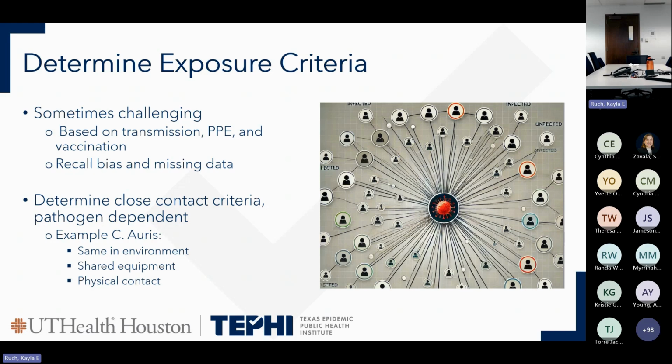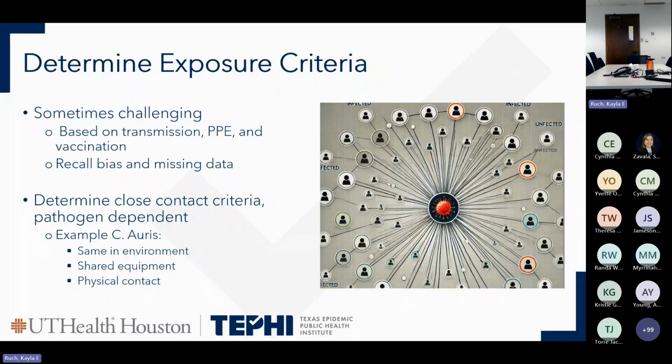So make sure that you're erring on the side of caution, and it's up to you to make the determination, with missing data and recall bias, of whether this patient or individual needs to be tested, or whether the risk is minimal or very low and they don't need to be tested and followed up during the time.